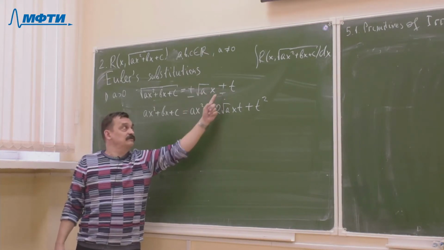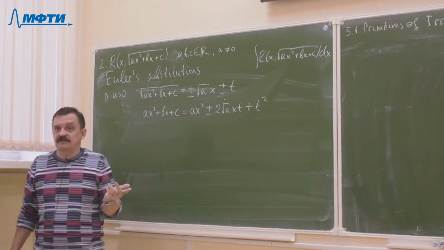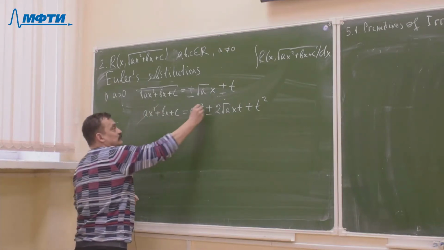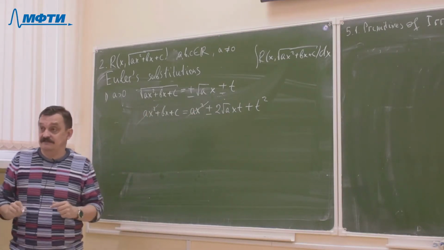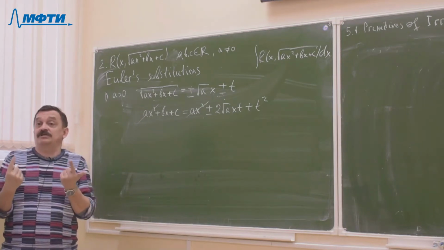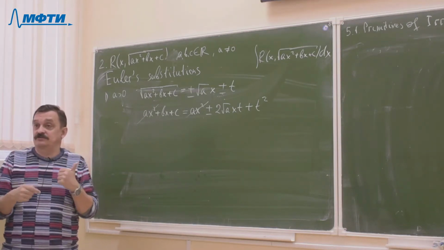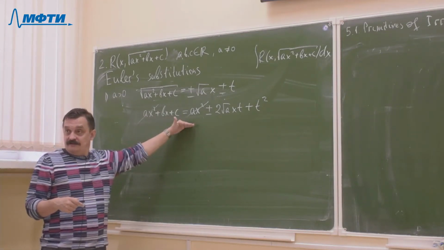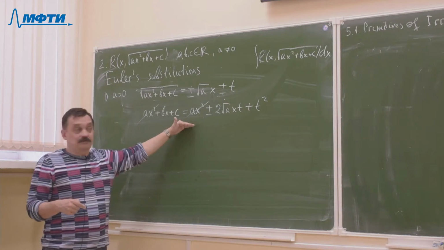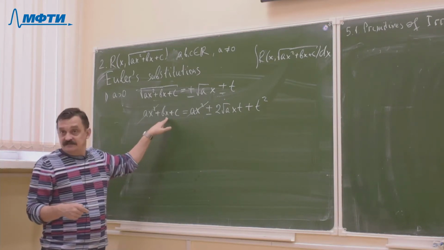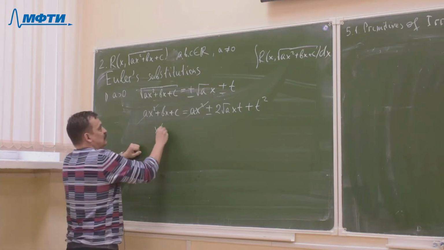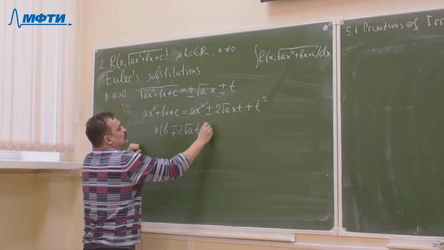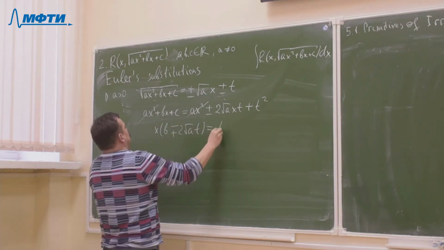If they are different, we have minus. That is how to choose plus or minus here. After that, look what is important. We can cancel terms, and that is the main idea which lies behind the substitution. After squaring, we cancel terms with x squared, right? And after that, we can express x easily. Look, x times (b minus plus 2 square root of a t) equals t squared minus c.